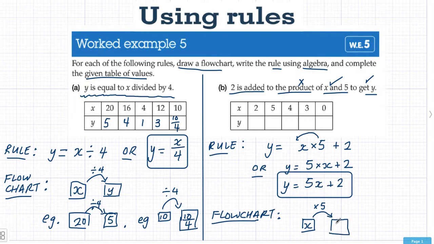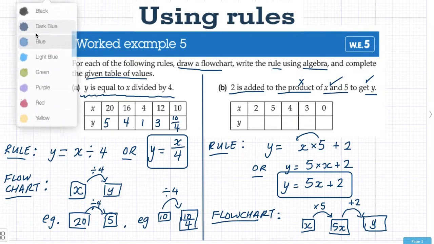That gives us 5x. So that's that part of the equation. The next thing that happens is we add 2, plus 2. So that is going to give us y. So that's how we go through our flowchart. Tells us what to do, how to get from x to y.